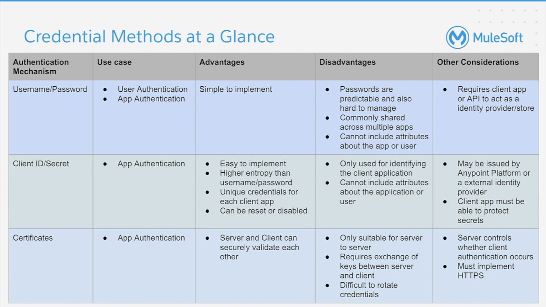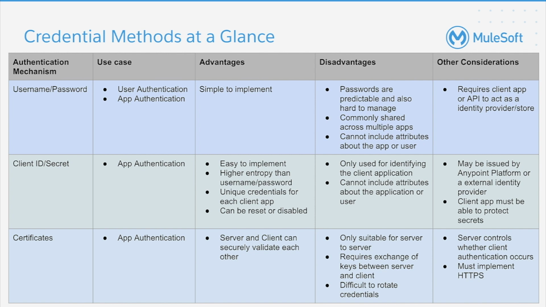We also commonly find that the same username and password ends up being shared across multiple applications, which can be a security risk and also means that when you do need to rotate these, you have to make many different changes in your environment. With username and password, you also cannot include attributes about the app or the user itself. It also requires that the client app or API act as an identity provider or identity store because it's going to receive the username and password credentials.